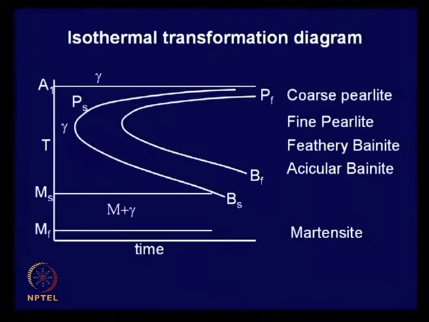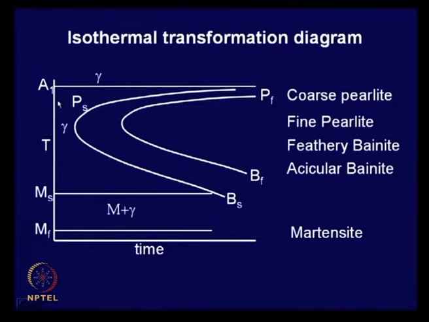Now, let us look at what you get if we compile this diagram. This is the type of diagram you will get here. This is the A1, that critical temperature, above which it is totally austenite. This is where the pearlite decomposition begins. This line represents the time.